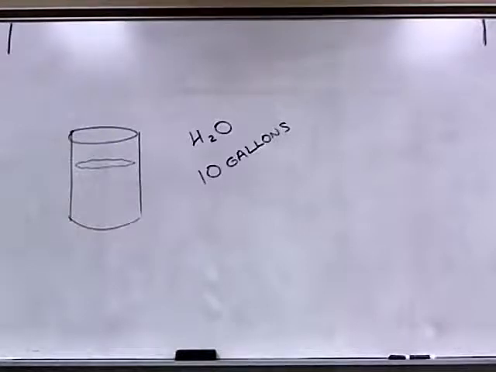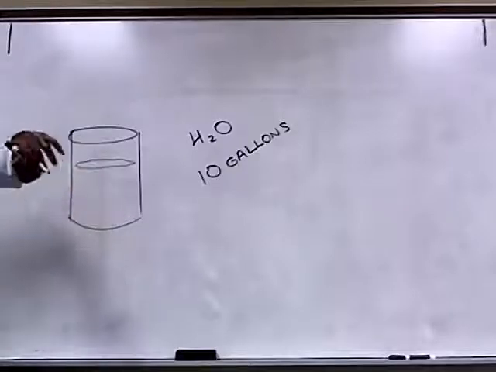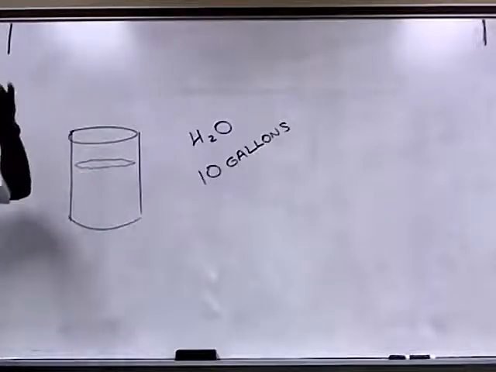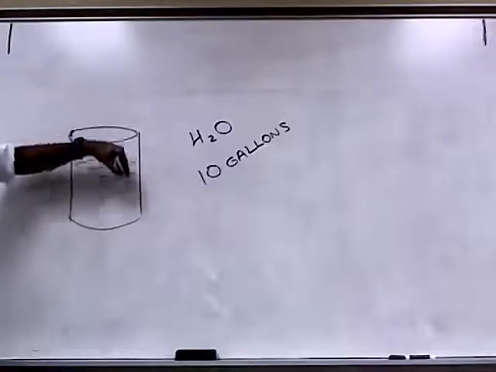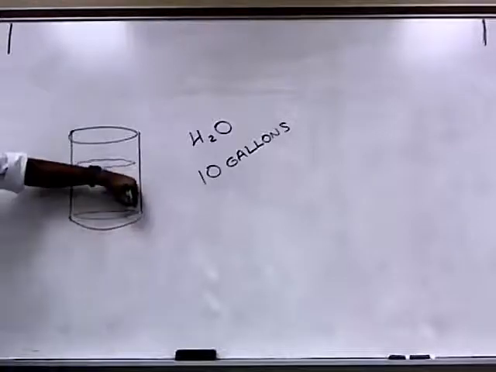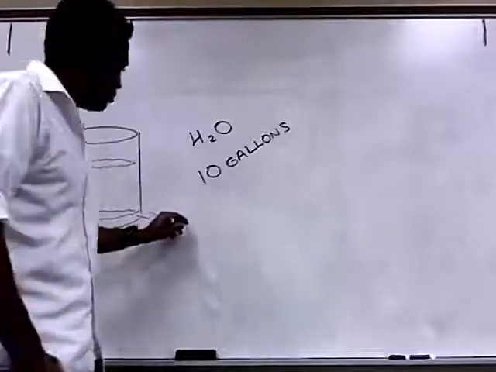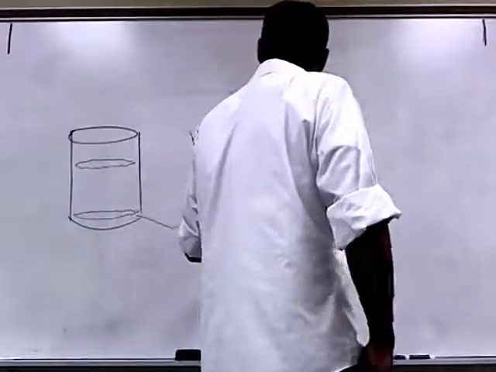And let's say that the water in there has, you didn't notice, but I had mixed sugar in there. I'm going to make tea eventually or something, so I'm making sugar water. So of that 10 gallons, sitting in here is 1 gallon of sugar.